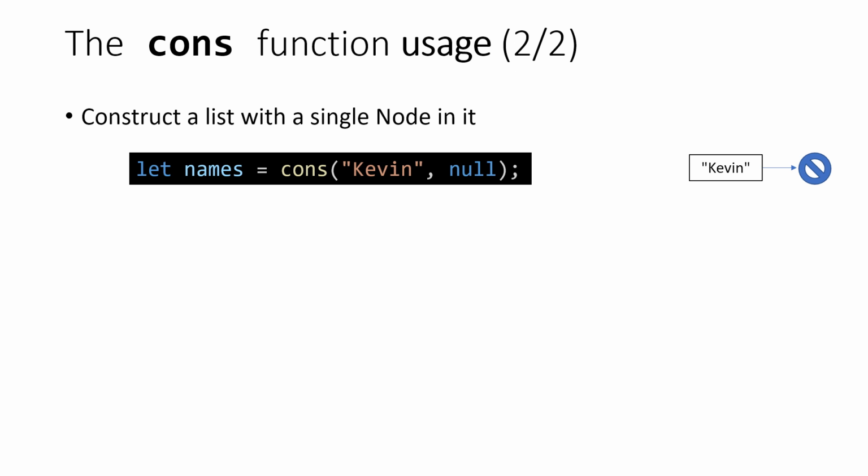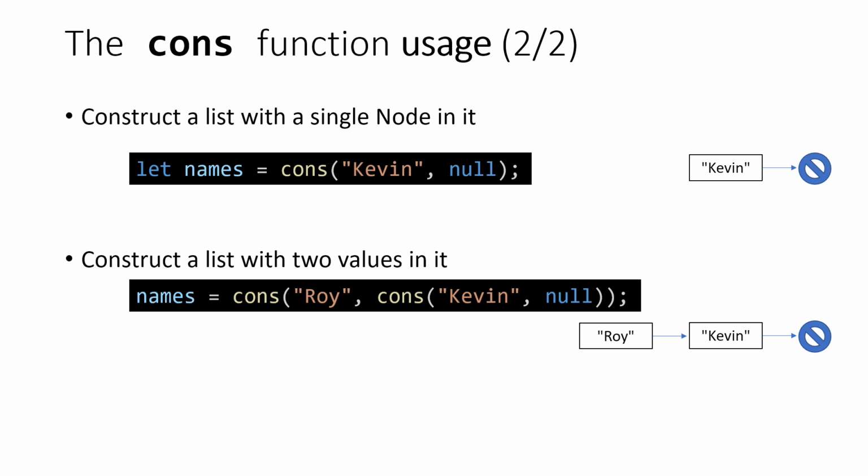So for example, if we wanted to make a list of string values with the first value of that list being Kevin, we can write a function call that will look like this, right? Cons the string Kevin onto the empty list, or cons the string Kevin onto null. And this will result in a list with one node in it, and that node will be followed by null or the empty list.